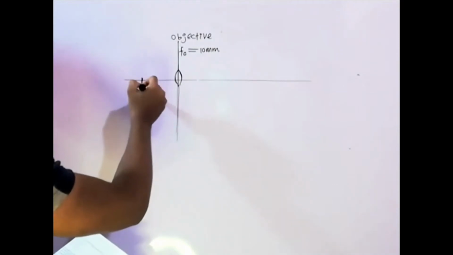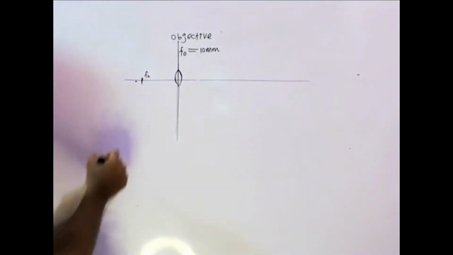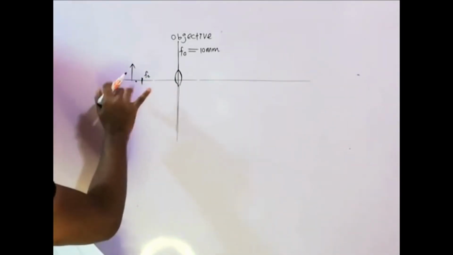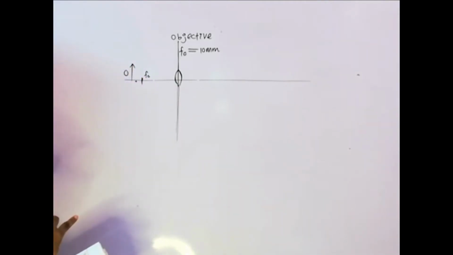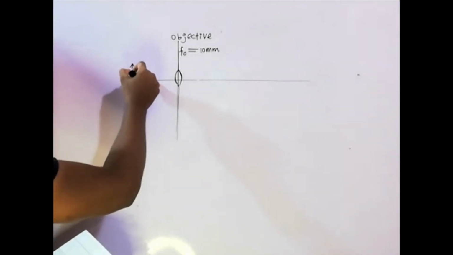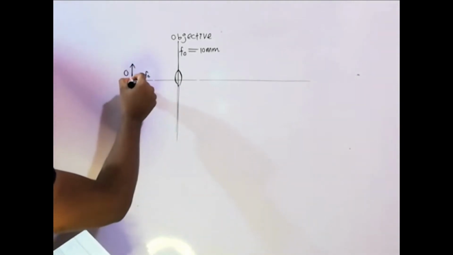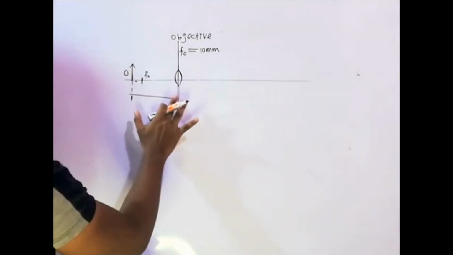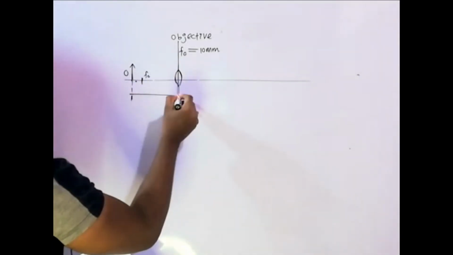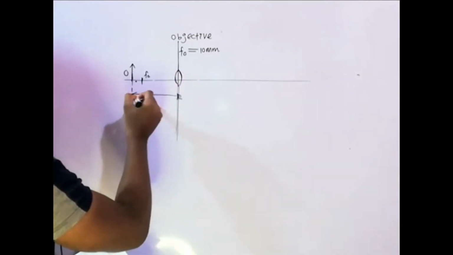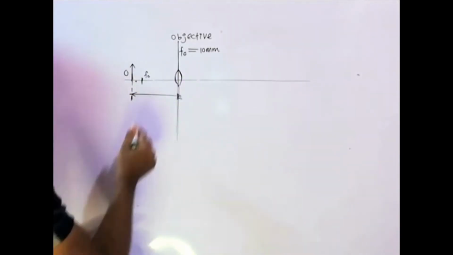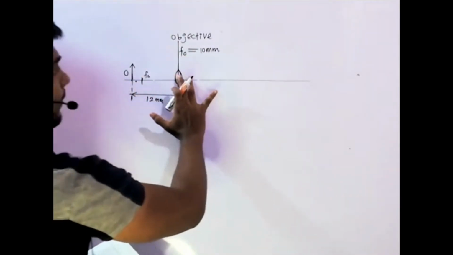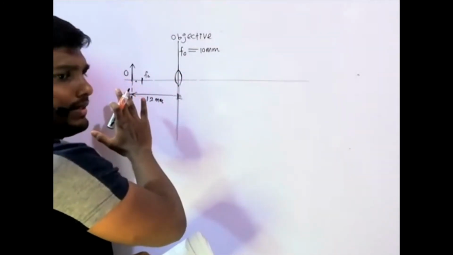Now, here is our focal point FO. Our object is somewhere here. This is our object, simple capital O. Then the object distance is 12 millimeter. Try to understand everything. For this objective lens, this is the object.